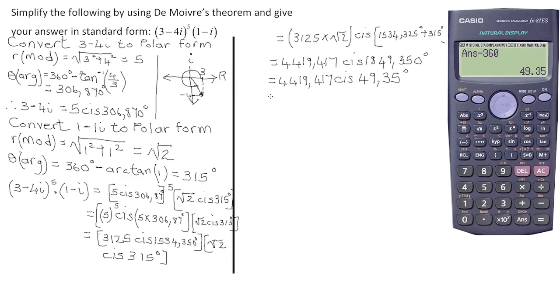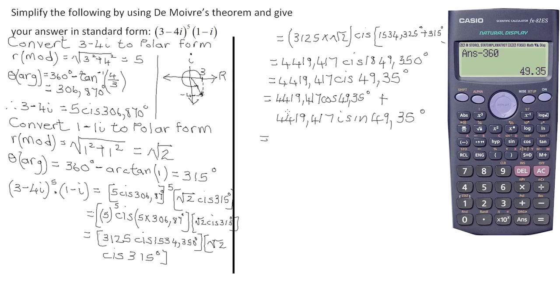Now we're going to look at the meaning of cos. What is that? 4419.417. The C means cos of that 49.35 degrees. Plus, can I just write at the bottom here? Again, 4419.417, obviously i sine of 49.35 degrees.